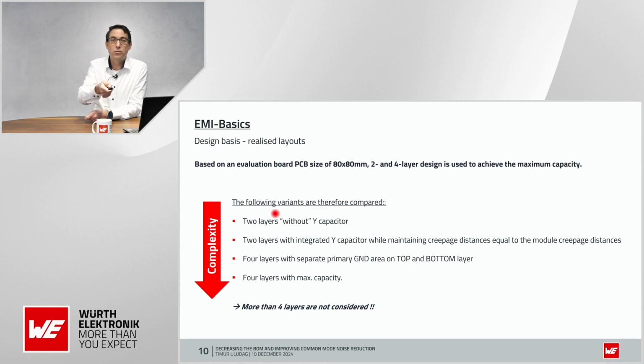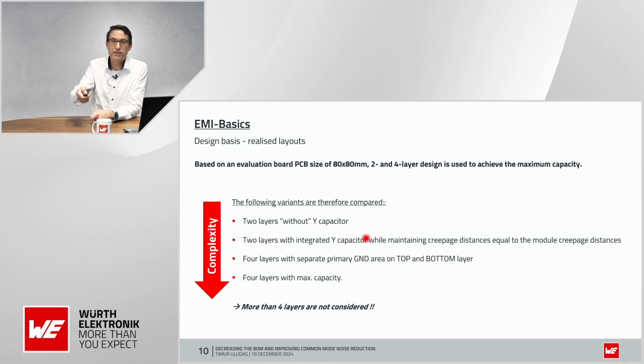First, we will go for a 2-layer without a Y capacitor. I put this "without" here a little bit differently because it would be better to say without intentionally wanted Y capacitor. But I will come to this point later.